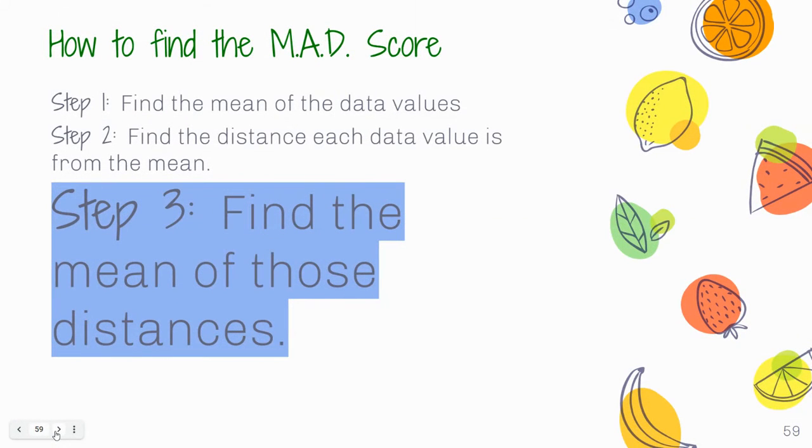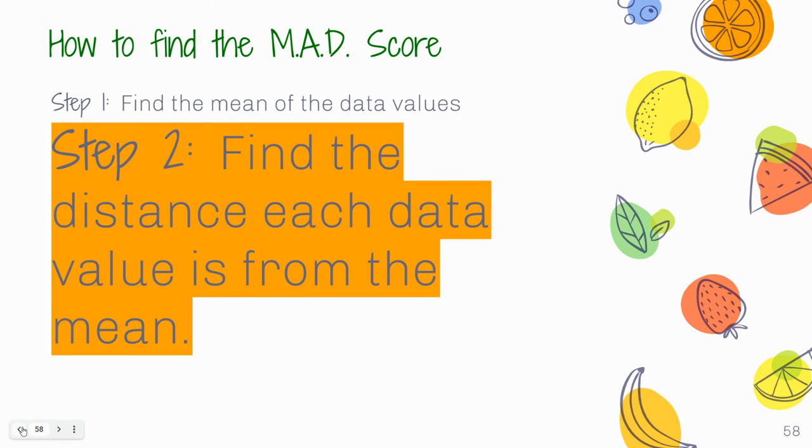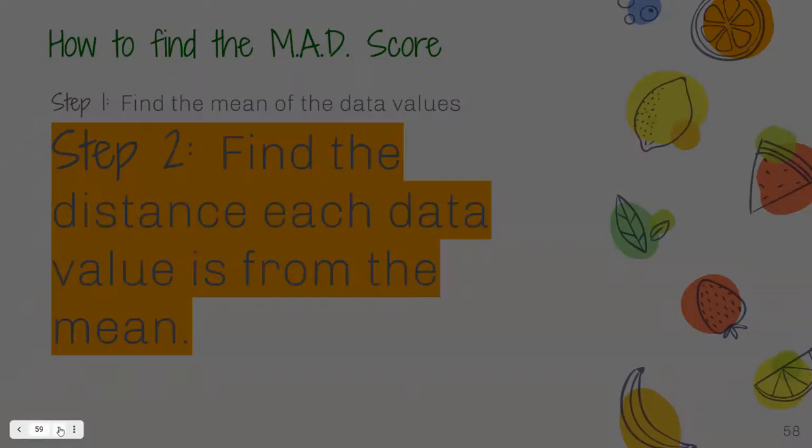The third step is to find the mean of those distances. So basically we find the mean again, just with these new numbers. I should also remind you that for step 2, finding the distance of each data value from the mean, we would be doing subtraction.